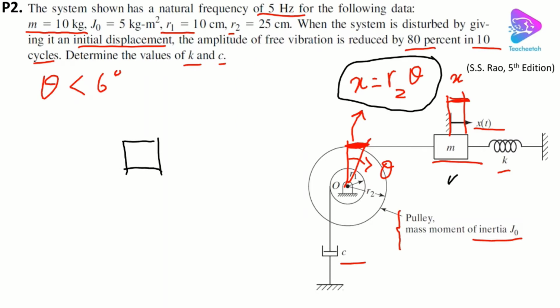If we have the x displacement in the system, we are going to compress this spring K, and this causes a force against our mass, which is equal to Kx. At the same time, we have this rope or connection, which causes a force on the system.